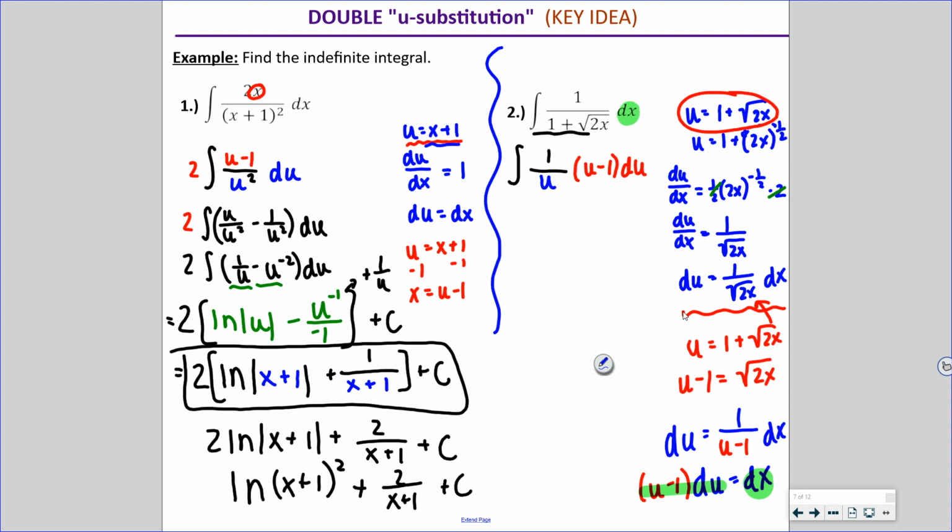So similar to before, I'm going to clean up my integrand a little bit, because that's the same as u minus 1 over u. So I could break that up as u over u minus 1 over u. So then I'm just getting the integral of 1 minus 1 over u du.